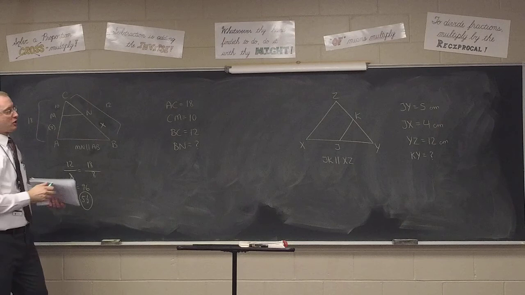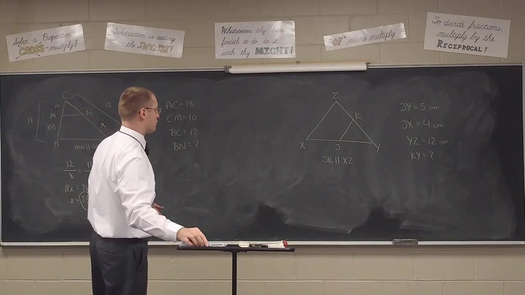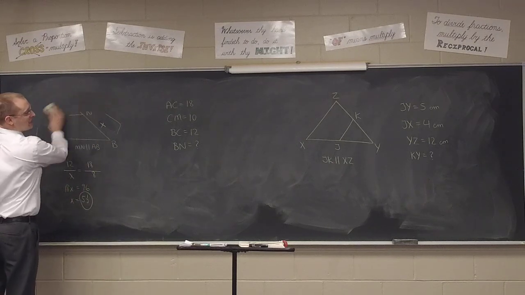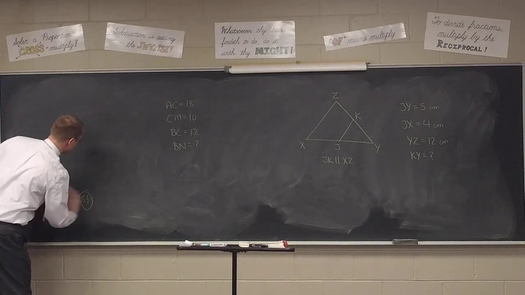All right, next one. I've got a triangle XYZ. I've got a line JK parallel to YZ. I'm not kidding. I want you to find KY given the other three lengths.